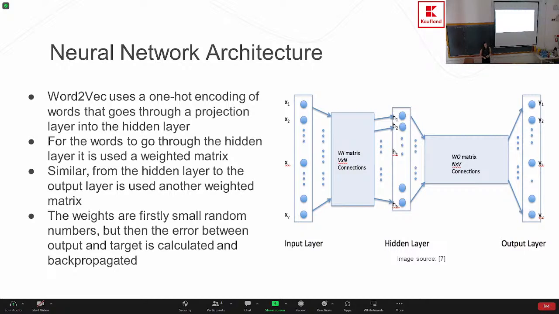Similarly, from the hidden layer to the output layer, another weighted matrix is used, this time with N rows and V columns. Firstly, the weights are small random numbers, but then the error between the output and the target is calculated and backpropagated in order to update those weights.